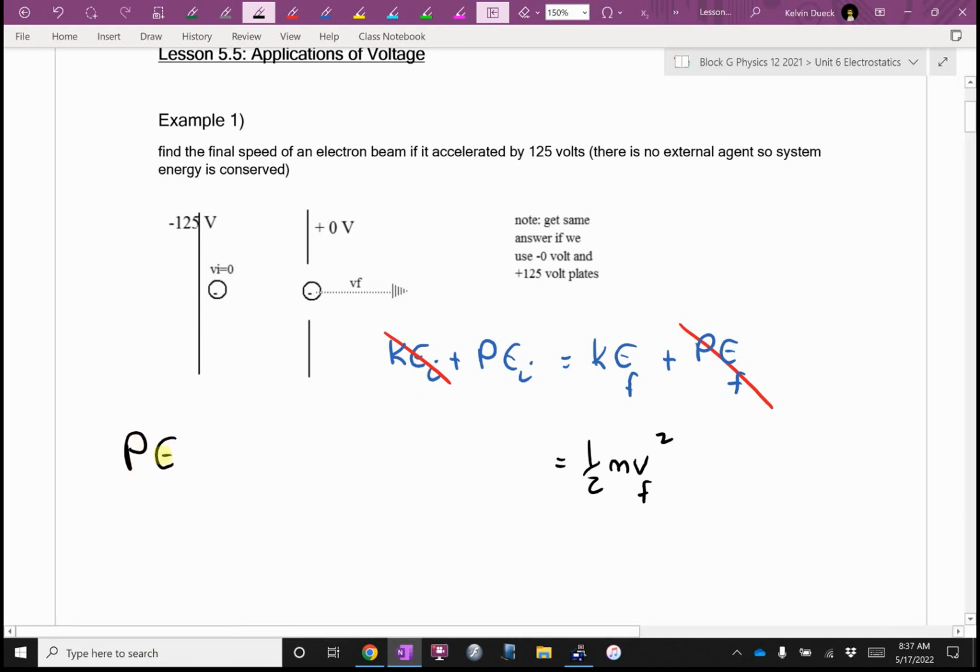One way would be to go, well, k q1 q2 over r squared. Do you see two charges in this question? There's another equation that has potential energy in it. V equals PE over q. Get the PE by itself.